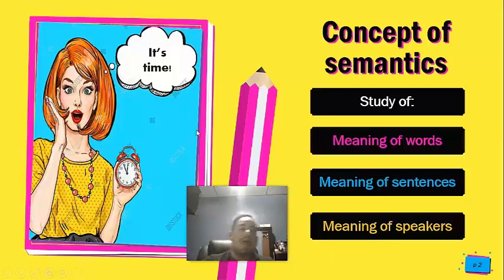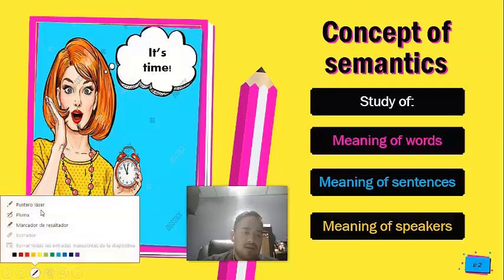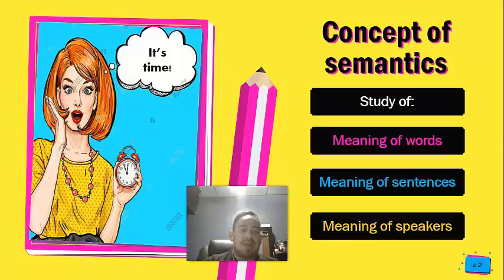Okay, and as an example we have this cute girl here that is holding a clock with a sentence that reads "each time." Time can be defined as a part of our existence, and that is the meaning of the word.